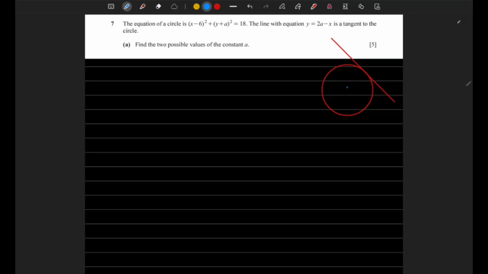As is evident from the equation, it must be (6, minus a). So this is your circle and the tangent equation is 2a minus x. Two possible values of a.